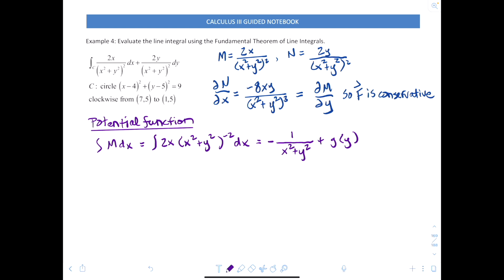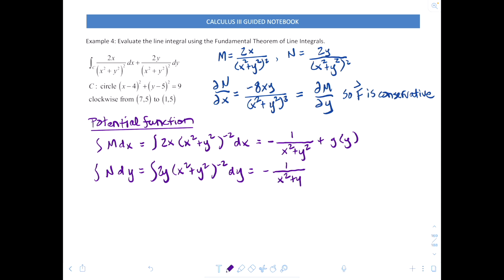And the integral of N dy will be the integral of 2y times x squared plus y squared to the negative 2 dy, which similarly will be negative 1 over x squared plus y squared plus some h of x.